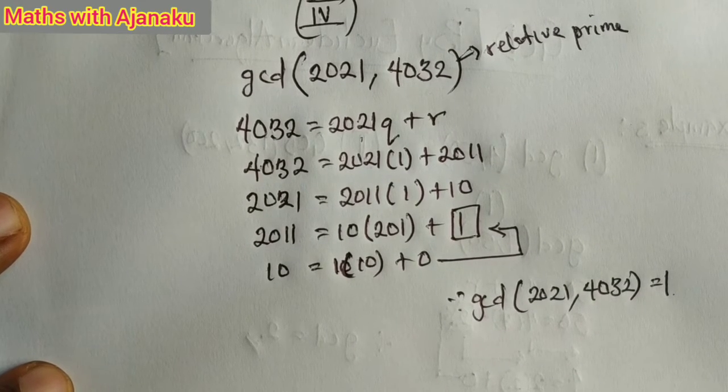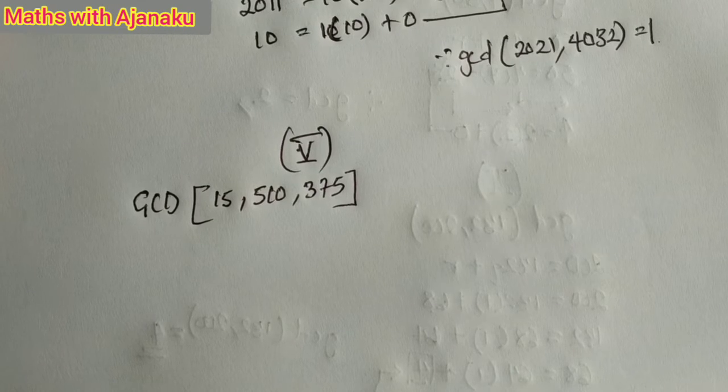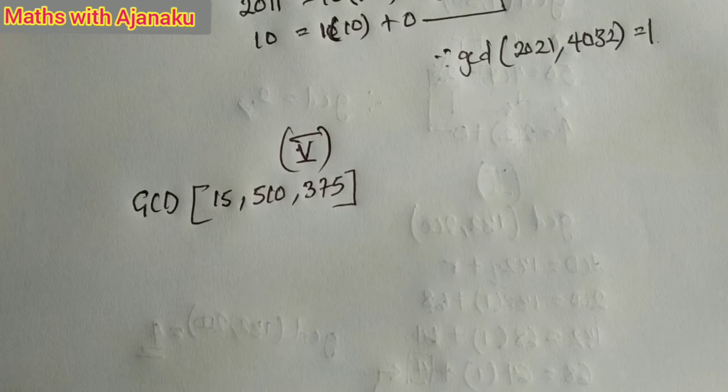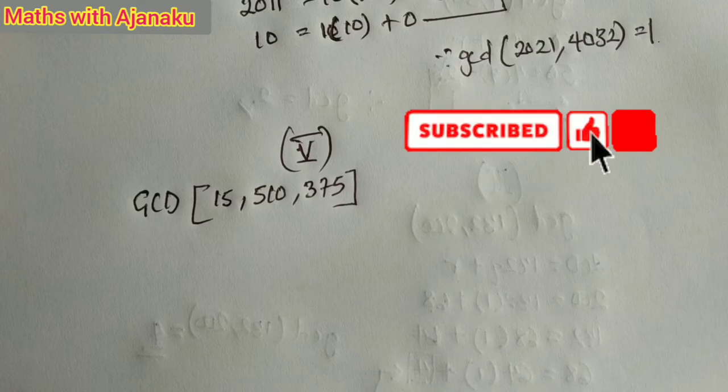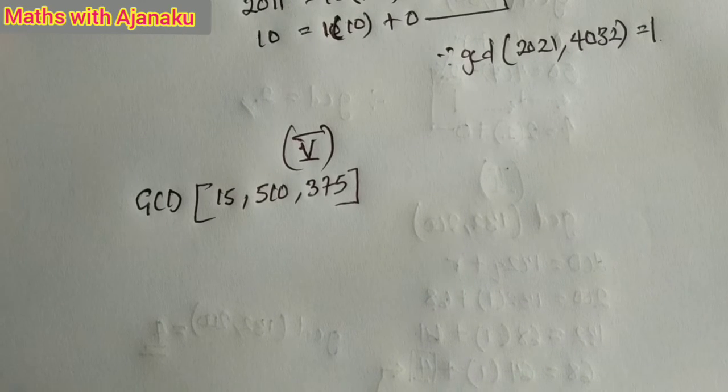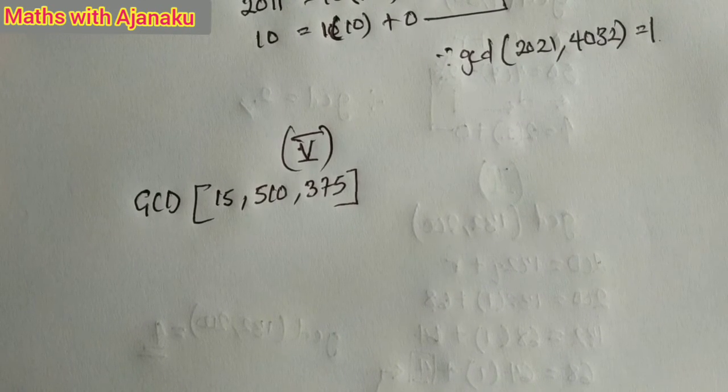Why don't you all try this particular question? Compute this for me and drop your answer in the comment section. I shall try to evaluate and check who is correct. Don't get confused by the three numbers you've seen there.